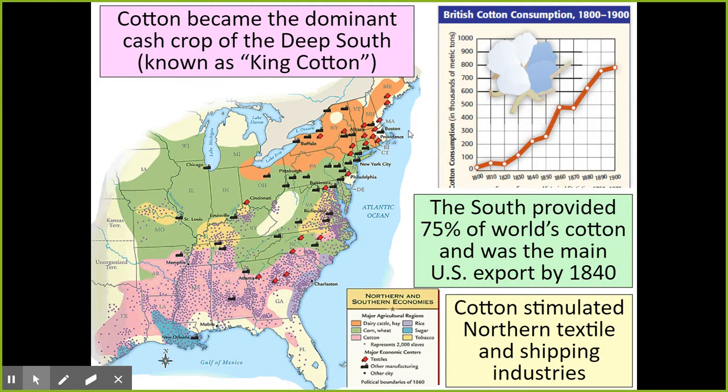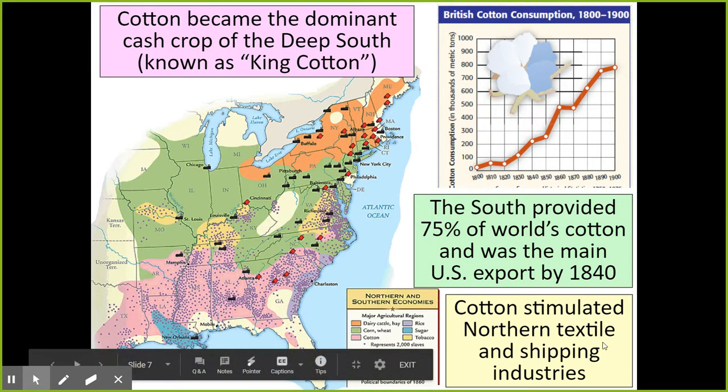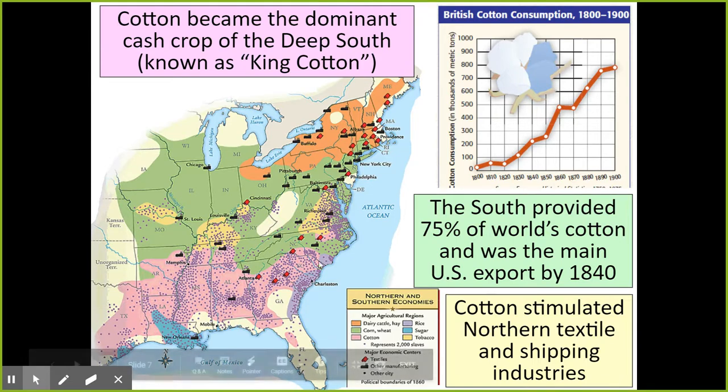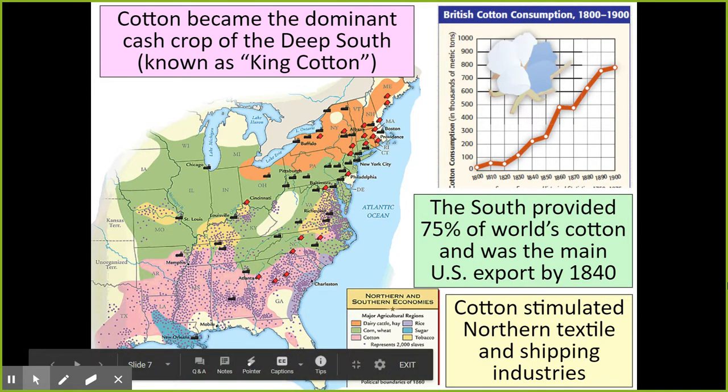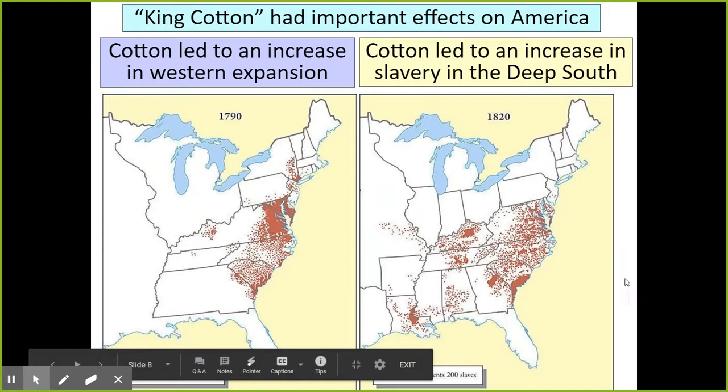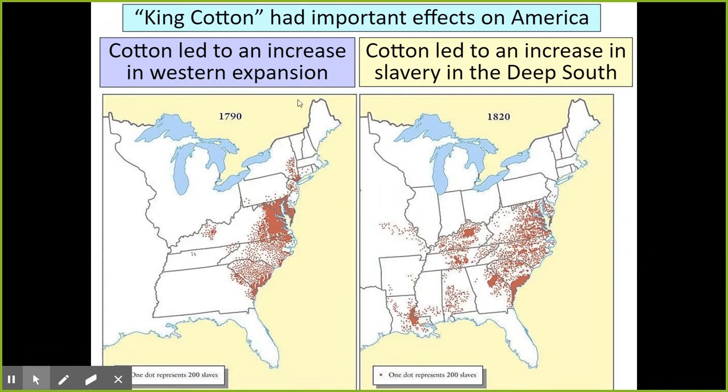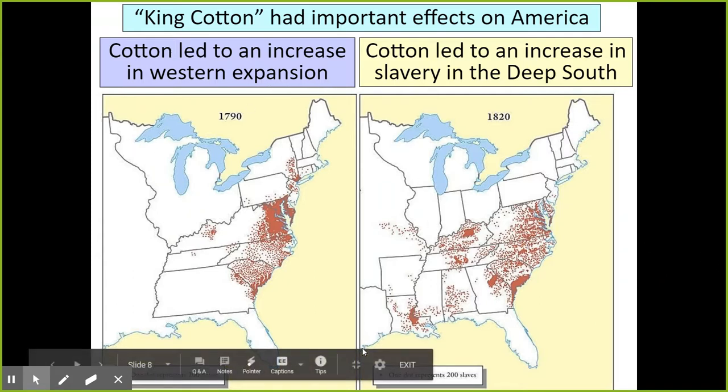If you are buying products that are developed or created by slaves, then you're a part of the slave industry. And so the North had no way that it could totally say that it was not a part of this, especially since they took the raw cotton and made it into fabric. They took the raw cotton and shipped it overseas. They benefited big time. We've already said cotton led to an increase in Western expansion.